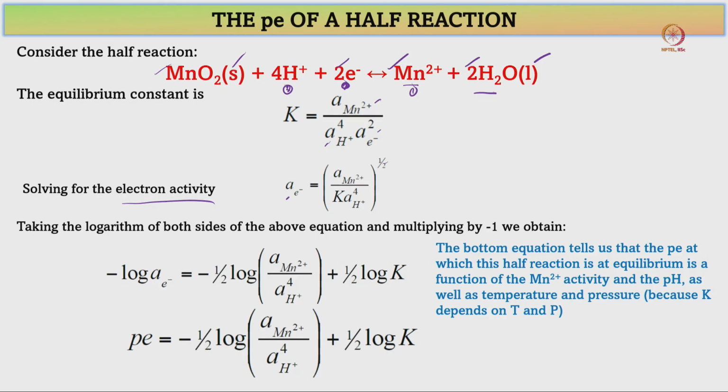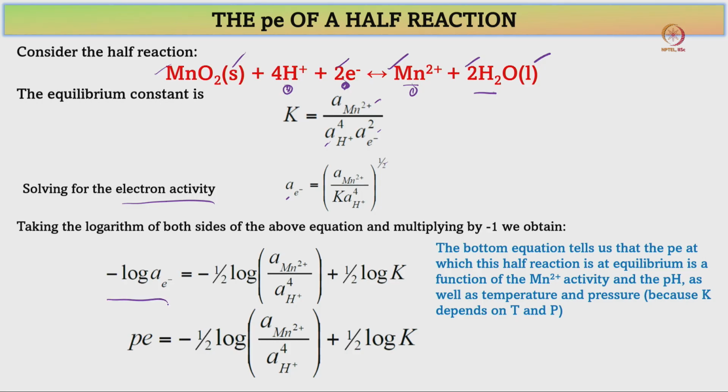Now, let us take log. So, you take minus log. If you take minus log, what will happen? Here it will come minus half log of A Mn2 plus into A H plus to the power 4, plus half into log K. This should have been minus, but now I am going to write it in plus term and I will move K to the numerator.